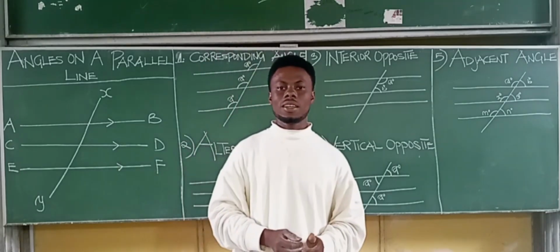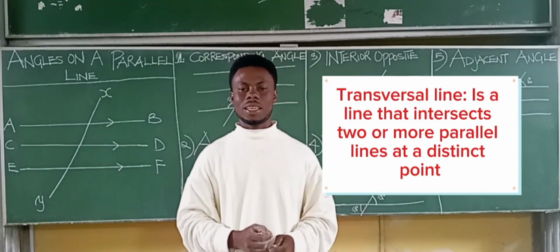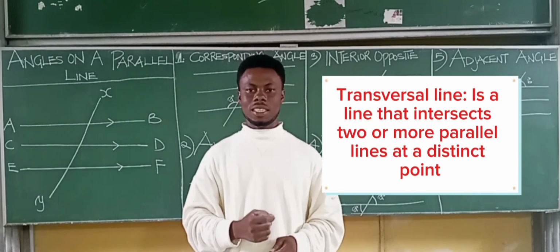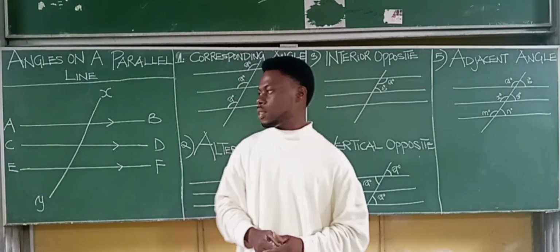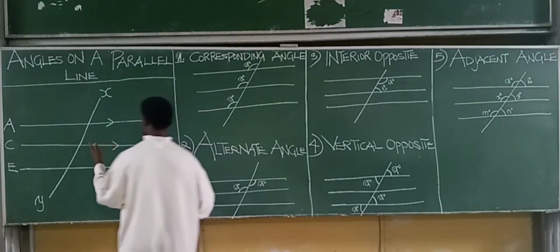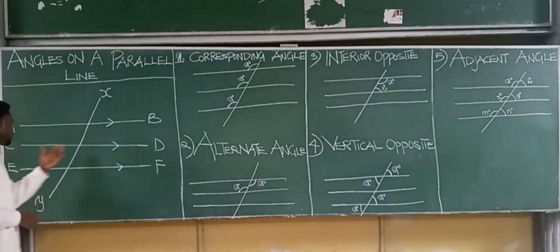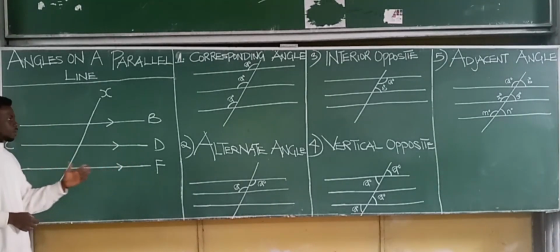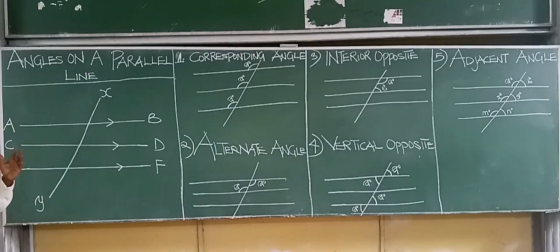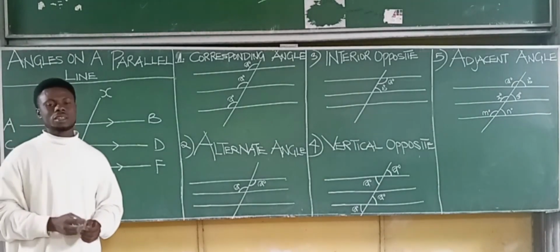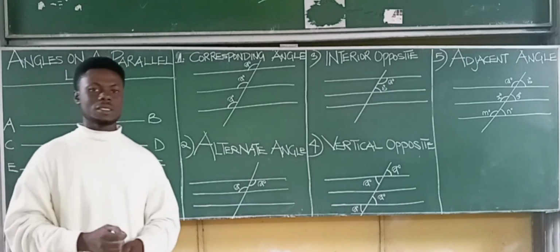A transversal line is a line that intersects two or more parallel lines at distinct points. Therefore, on the board we have line A produced to B, line C produced to D, line E produced to F. All these lines with the arrows are parallel to each other. No matter their length of production, they will never meet.